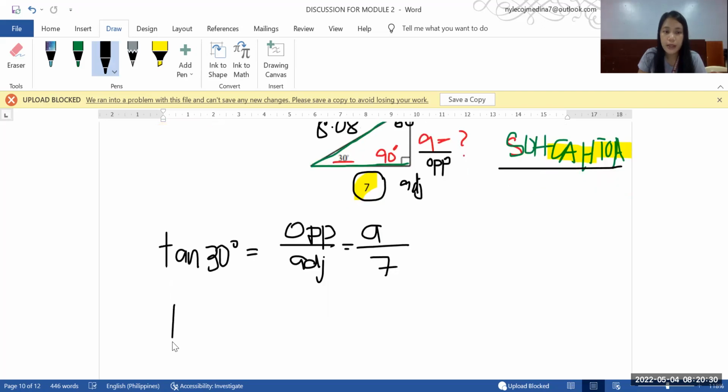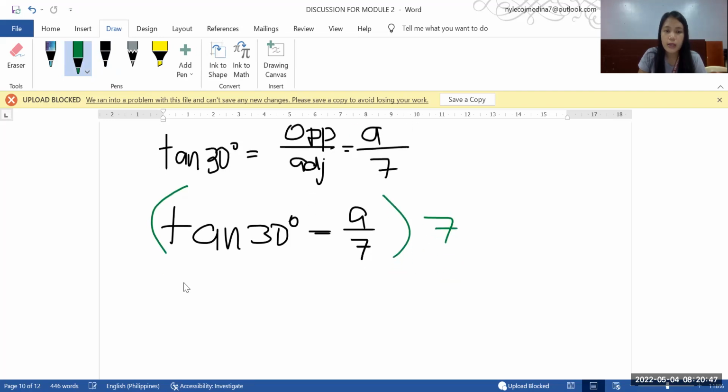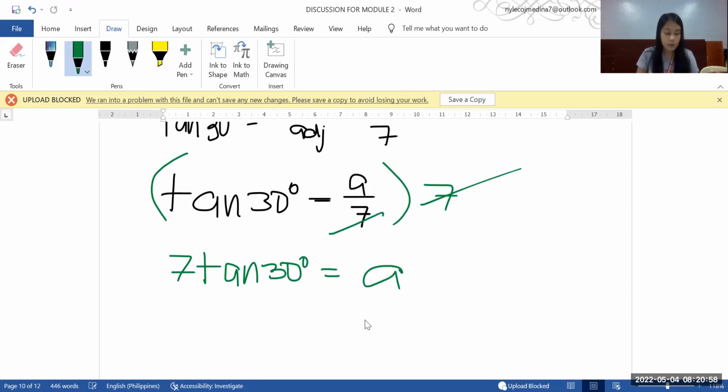Now, to leave only A on one side, we multiply both sides by 7 to remove the 7 below. So multiplying both sides by 7, we get 7 tan 30 degrees, and the 7s cancel, leaving A. Enter that in your calculator and you will get 4.04.